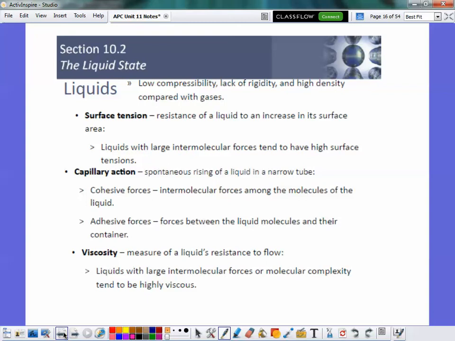Viscosity is the measure of a liquid's resistance to flow. Liquids with large intermolecular forces or molecular complexity tend to be highly viscous, like syrup. That's a pretty complex substance. The weaker the intermolecular forces, the more flow will occur because those particles are not held together easily, so they flow across each other a lot more.